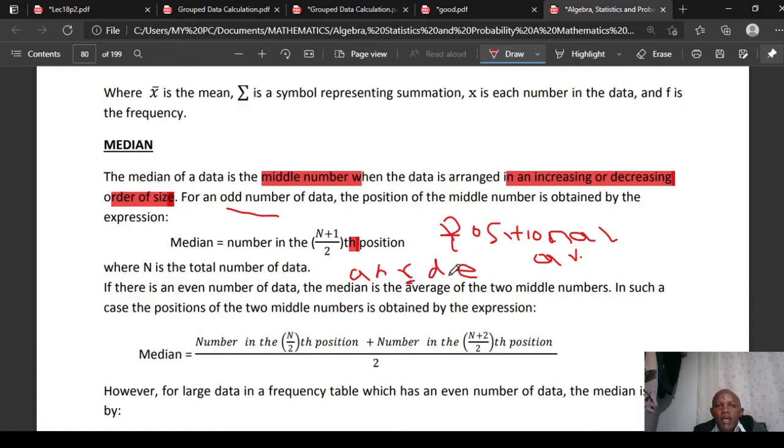The number of observations is an odd number: 1, 2, 3, 4, 5. Then the middle value of these five letters would be (5 plus 1) over 2, which is 6 over 2, which is 3. So it occupies the third position. So C occupies the third position.